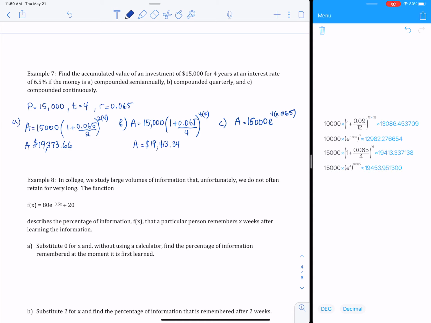In this case, A is going to be $19,453.95. So, of course, under the same condition, 6.5% for all three cases, the more often we compound, the better value we'll have for the investment.